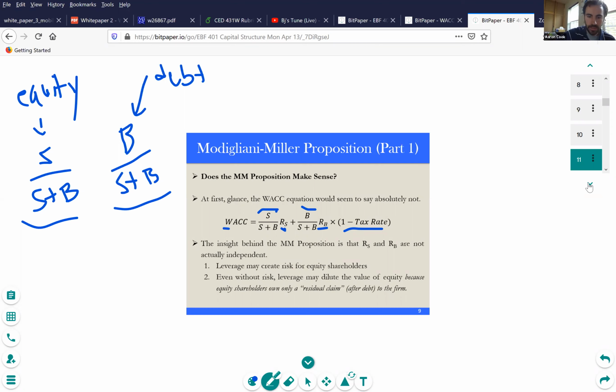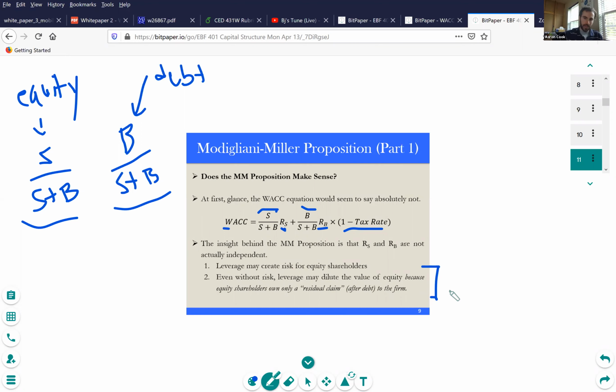So there's more risk, and there's also the fact that a firm that's levered up is obligating itself to pay certain amounts of cash to bondholders before it ever pays its equity holders. In that way it dilutes the value of equity, because it siphons off cash that would otherwise have been available for equity holders.